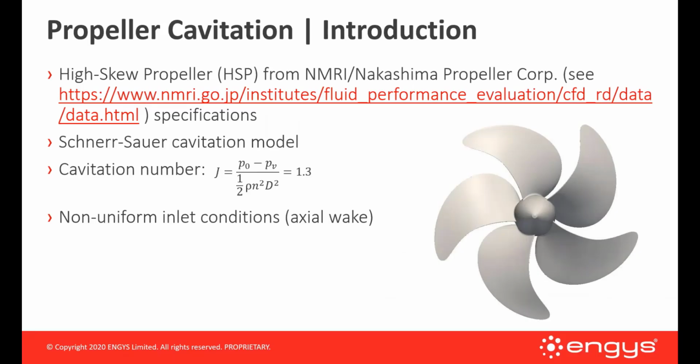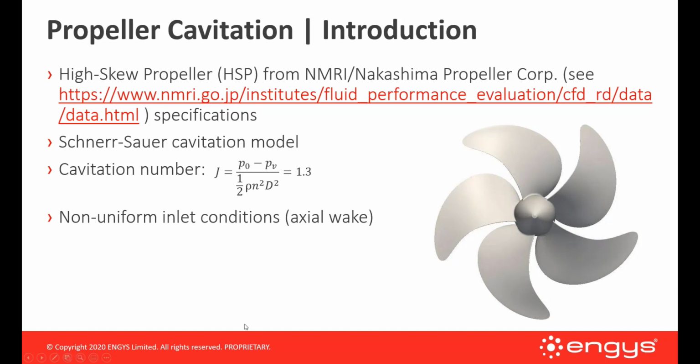Cavitation modeling is also available in HELYX Marine. What I would like to show you today is one of our test cases that are publicly available. This is the ISQ propeller from the NMRI Japanese institute, and this propeller was made by Nakashima Propeller in Japan.